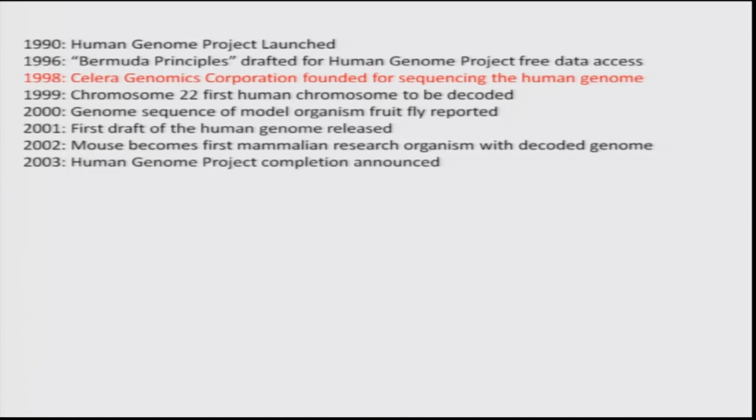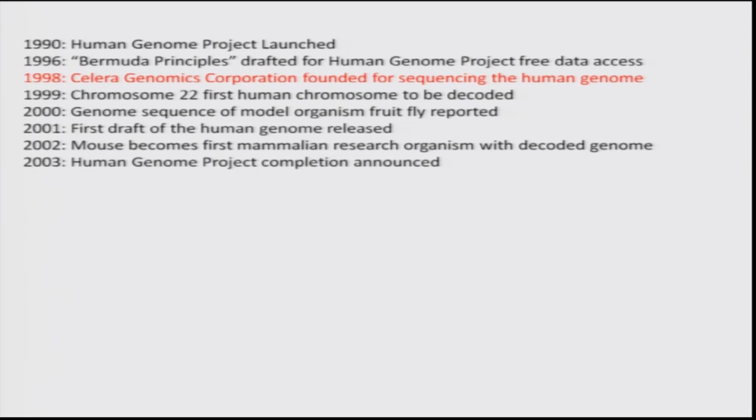In 98, one of the famous researchers launched a commercial company called Celera Genomics, and they said that we will finish the human genome faster than the Six Nation Consortium, and they went with an altogether different approach for sequencing the DNA. They made heavy usage of computers, we will talk about that a little later.